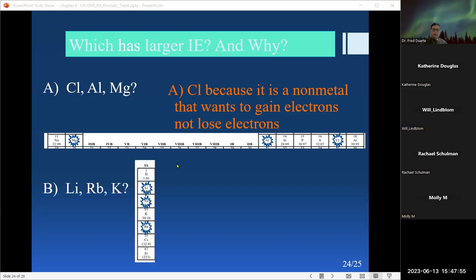Taking a look at these, we are looking at elements within the same group, specifically group 1A. So they're all metals, and being metals they tend to lose electrons.